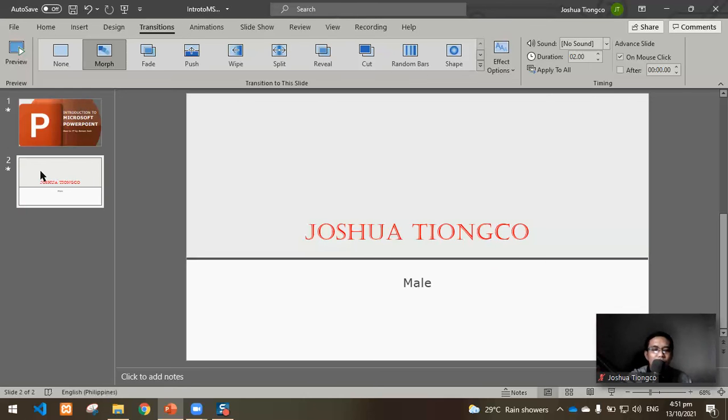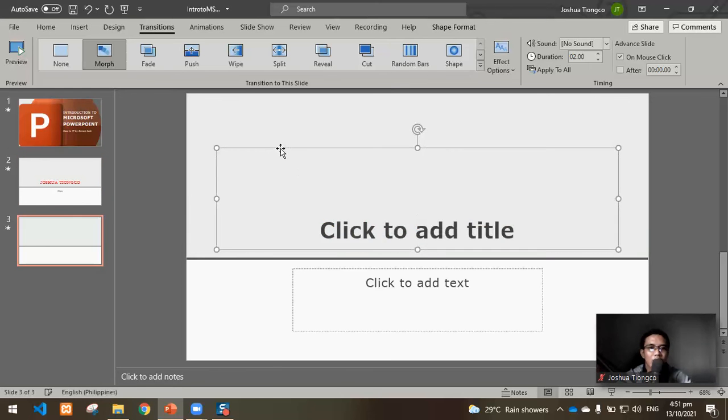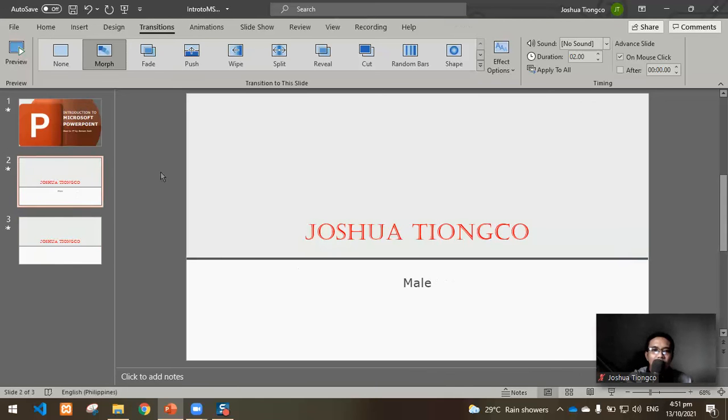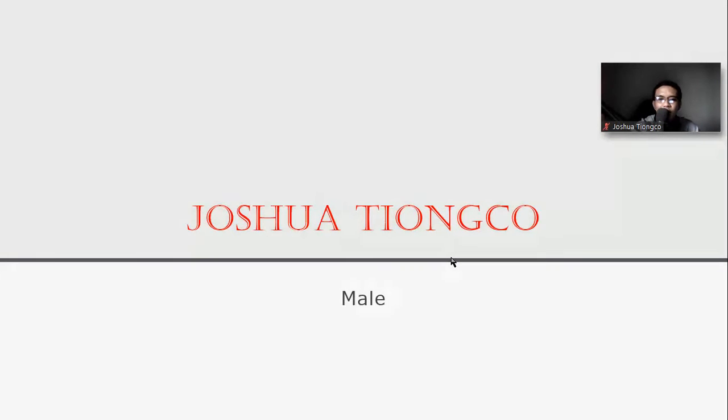For example, if you insert a new slide, Control M, we will put the same content, and then I want to change the way the slide will enter the next slide. For example, here we don't have the transition yet. That's why if I click next, it has no effect.